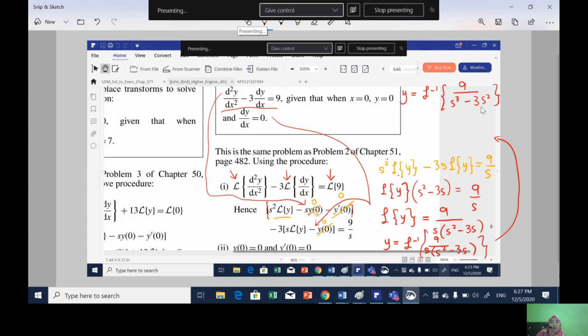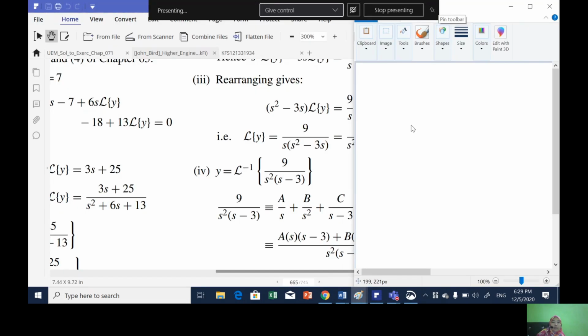Actually the common factor is s squared. So factorizing s squared, I have s minus 3. Now this one is very clear. Then we can use partial fractions to reduce the fraction, because the one in this bracket we cannot find the inverse of directly from the Laplace table. Therefore, this fraction needs to be reduced into partial fractions.